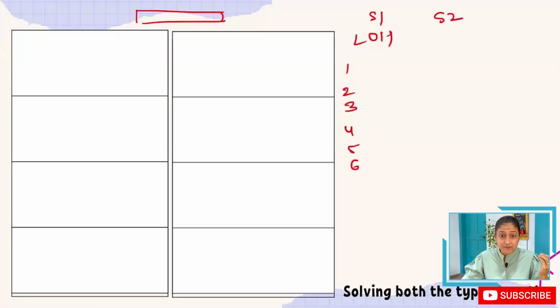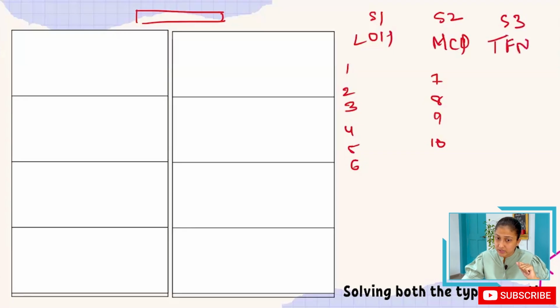Set 2 is, for example, multiple choice questions, all right, wherein the questions are 7, 8, 9, and 10. And then you have third set number 3, which is, let's say, true, false, not given, wherein the questions are 11, 12, 13, and 14. Perfect. So, now, what should be your strategy? First of all, observe.